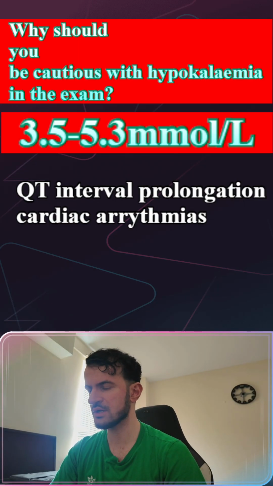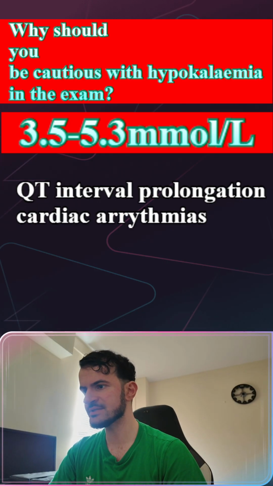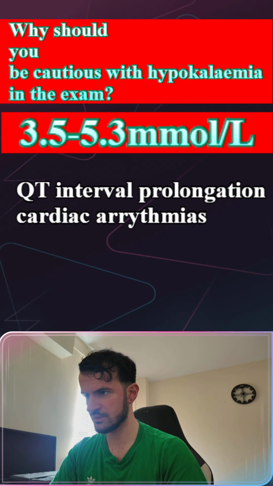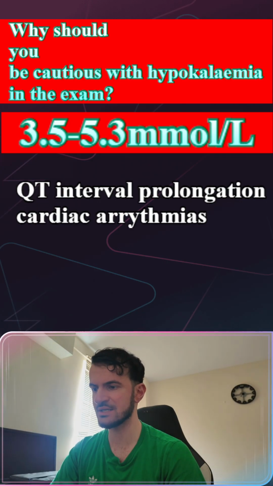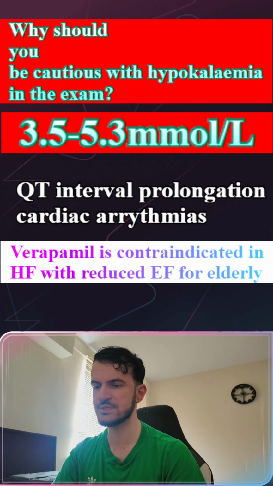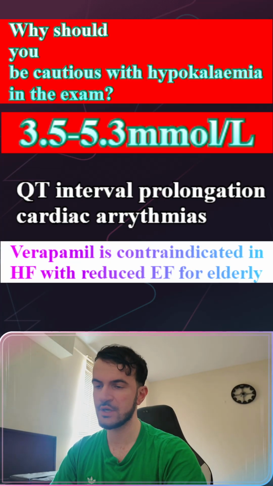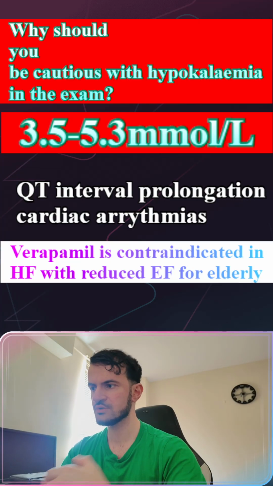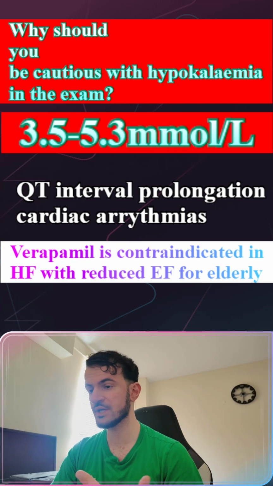Now, if we quickly just look at beta blockers. Some of them can be used as rhythm control in arrhythmias, because you need to bear in mind that when you have an arrhythmia, you have two forms of treatment. You have rate control and you have rhythm control.